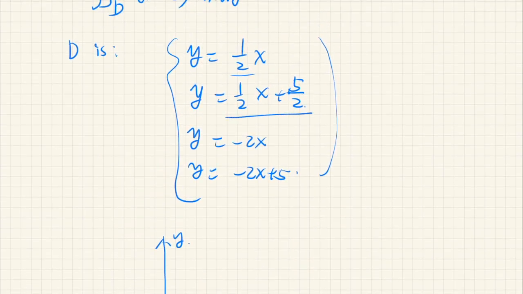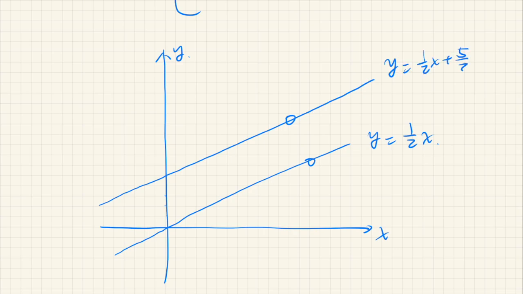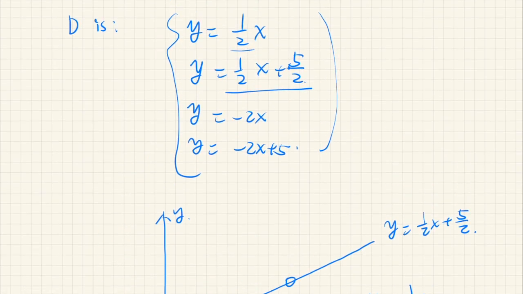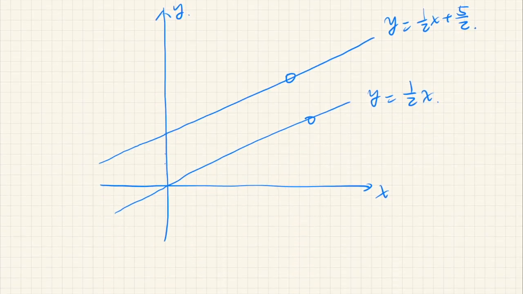And this one is parallel to that, 1/2 x plus 5 over 2. So this line and this line are parallel. And the third line has a negative slope.